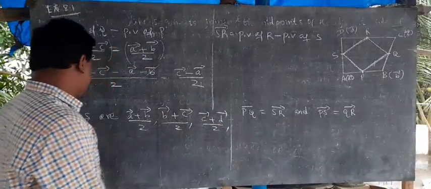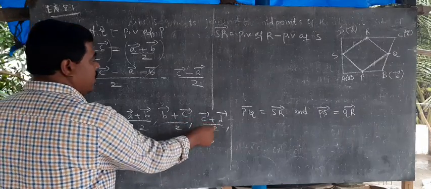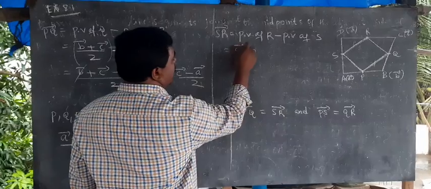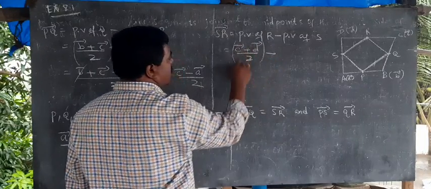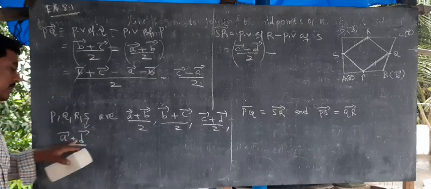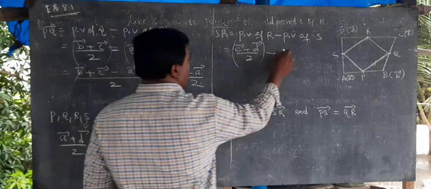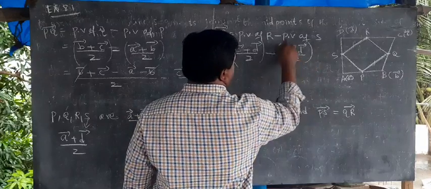R is C vector plus D vector by 2, minus S, which is A vector plus D vector by 2.